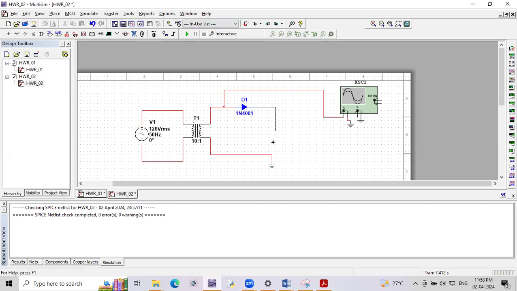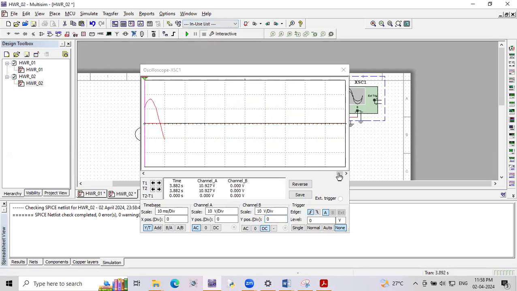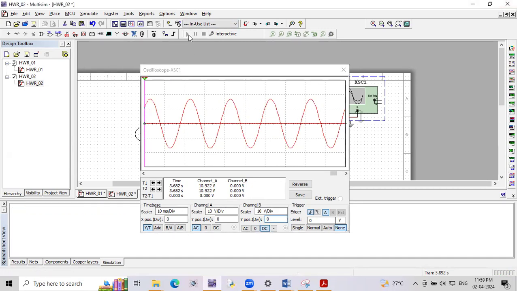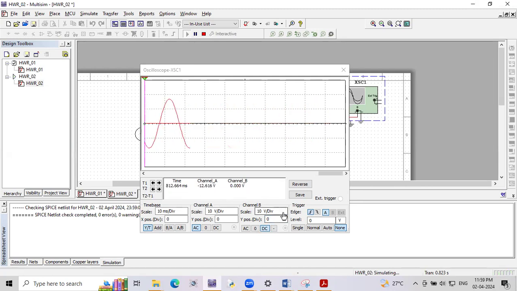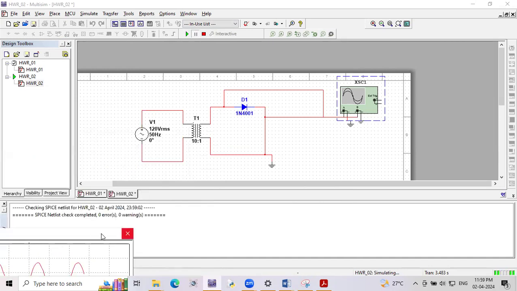So we'll try in another manner. No need to worry about this regulation part.